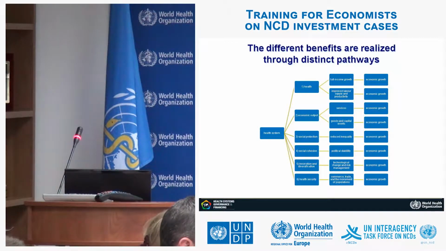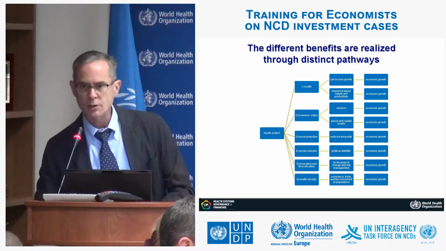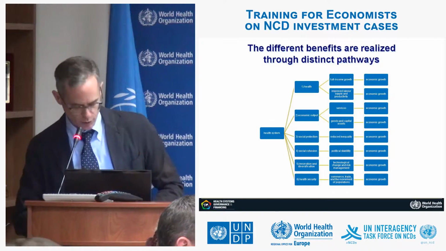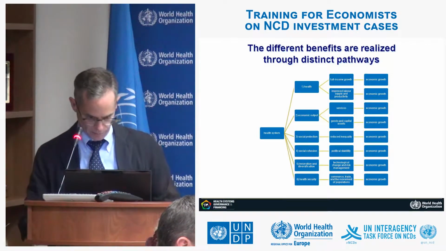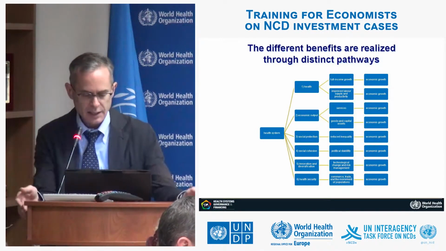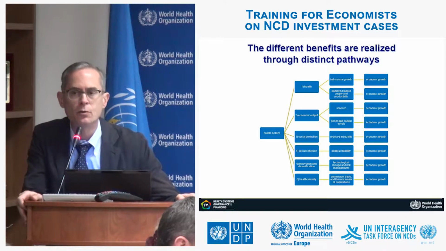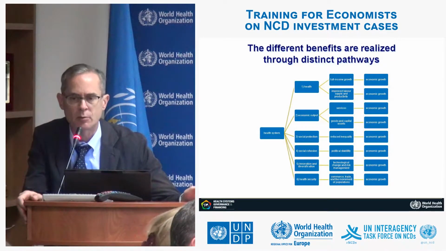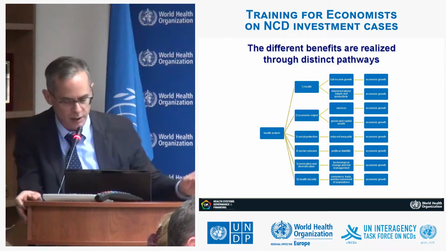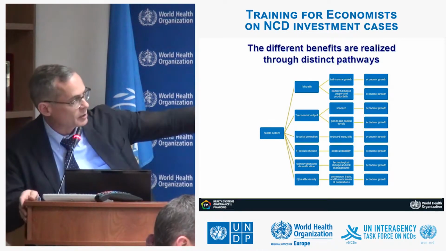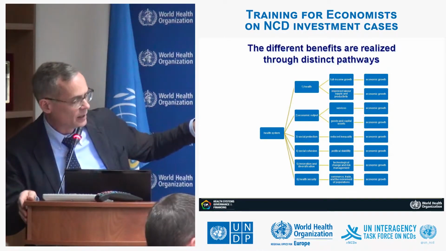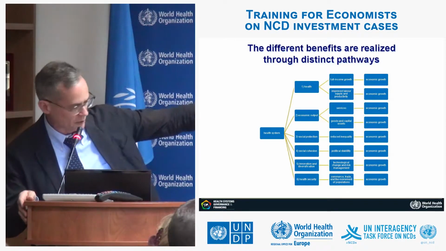It's not terribly important. I will, for the sake of the video, I don't know what's going to be the easiest thing. I think I want to be on the microphone, but let's look at the top two elements in this pathways diagram. And I'm not sure how clearly you can see this, but you see on the left-hand side, everything sort of starts with the health system.